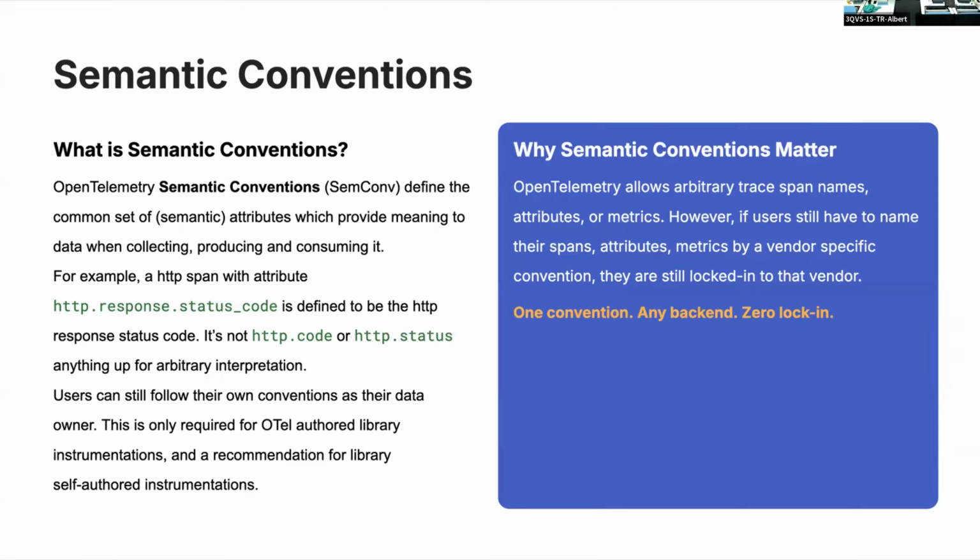But OpenTelemetry is going to specify that inside the OpenTelemetry officially authored instrumentations, the HTTP response status code will be the unified semantic attribute for every instrumentation, and then the backend will have a unified attribute name and values to be equally interpretable across all vendors. So a user does not have to code their span attribute names or metric attribute names according to a specific backend. In that case, they will gain more flexibility in their choice of different data backends.